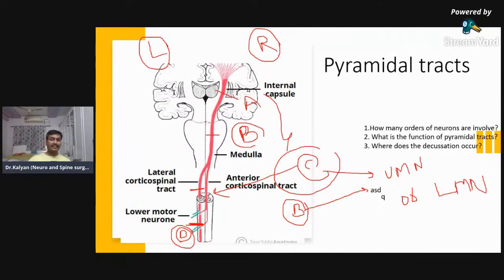But UMN can be on the same side or on the opposite side, depending on the site of the lesion. These are also known as the corticospinal tracts.